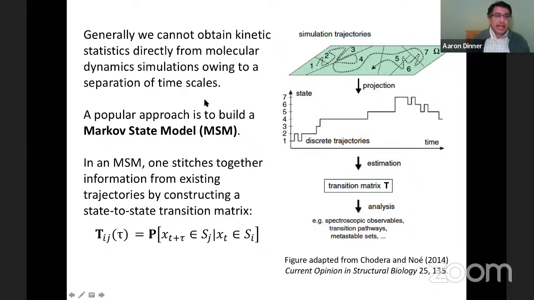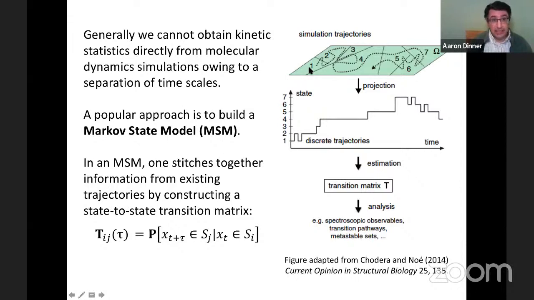The one that I want to talk about briefly, because it's going to set the stage for what I'm going to tell you about, are Markov state models. So the idea is that you have some dynamics, however generated. We'll talk a little bit about that in a bit. And then you define states.